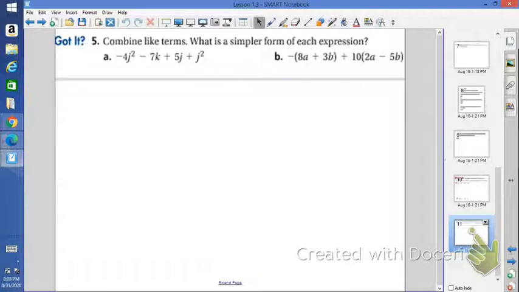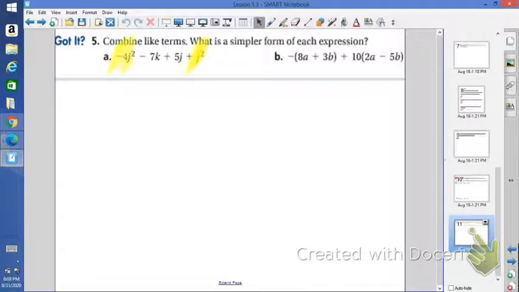Alright, we've finally reached our last slide, and we're going to combine like terms again. So in part A, let's highlight the j squareds here and here.